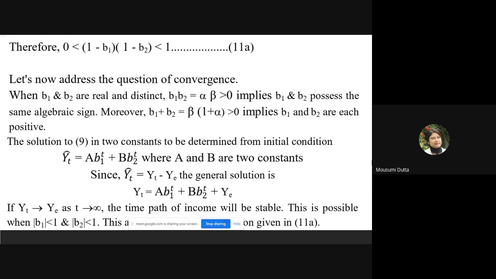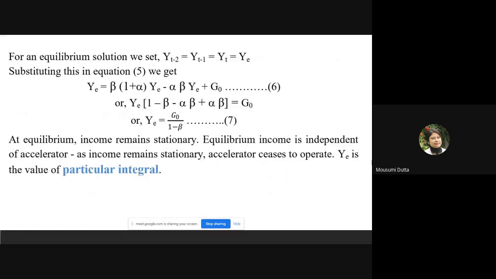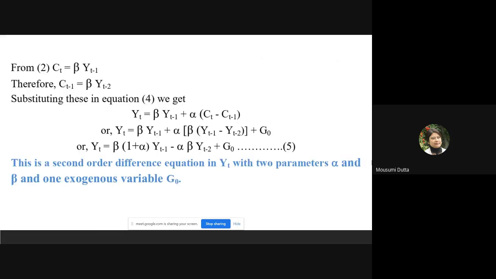So what is the rule in case of a second order or higher order difference equation? I have to check the coefficient associated with yt minus 2. I have to consider the absolute value of the coefficient associated with the highest order of the concerned variable.